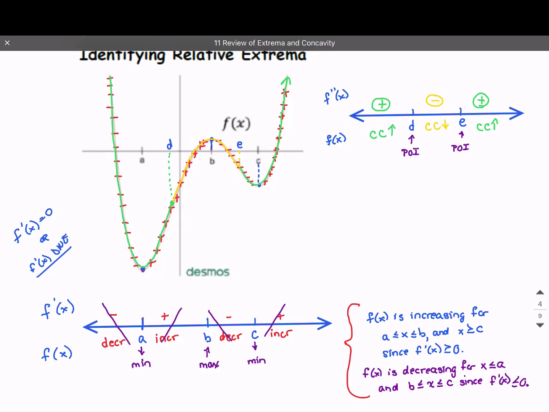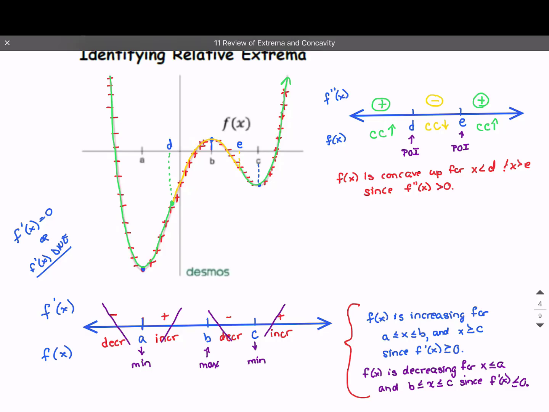And we would say that f of x is concave up for x less than D and x greater than E, since f double prime of x is greater than 0.